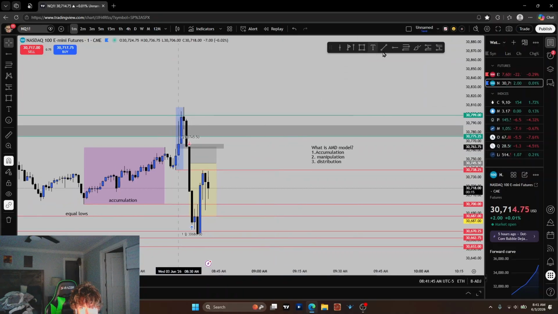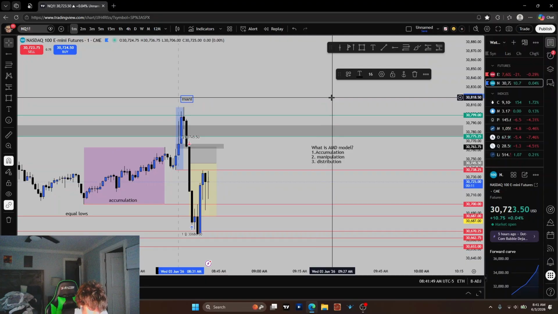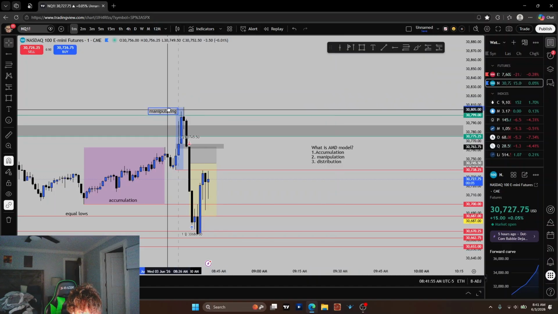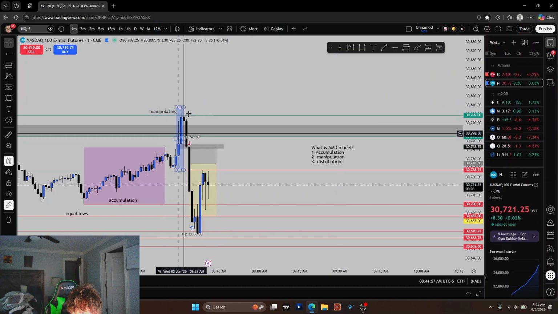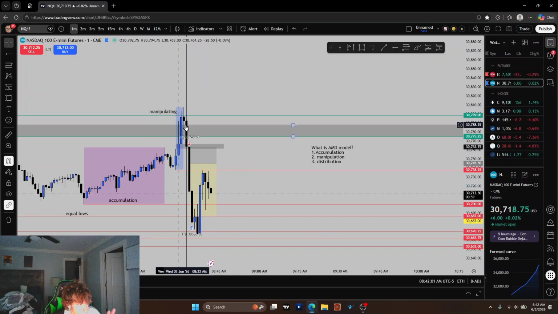So right here, this little move up, we are manipulating, we are stop hunting essentially. We are coming up here, taking this high, making everybody think... I don't really like using that term because it's kind of bullshit. Like, making everybody think that we're gonna go higher, right? That's whatever.